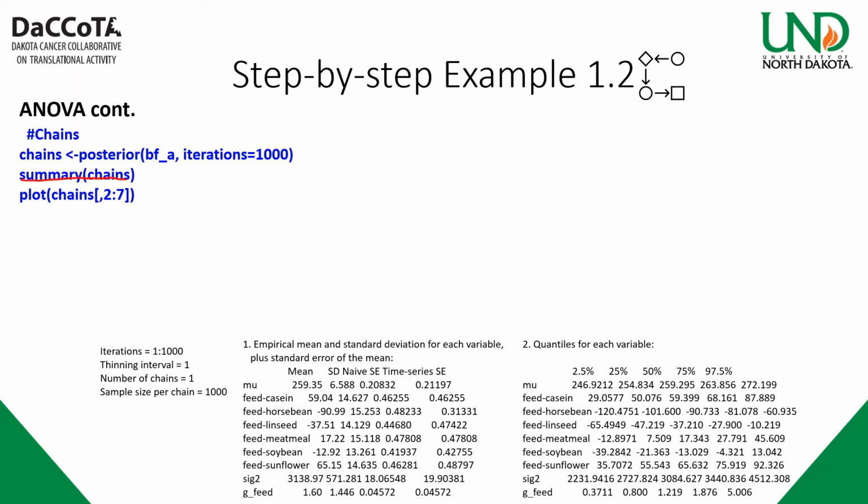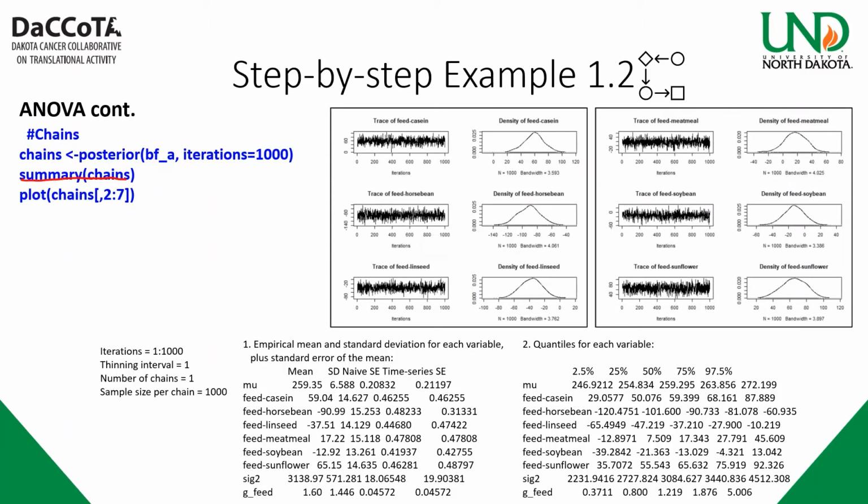This is plotting the chain. This gives you the overall mean, not looking at the different types of feed, and then these are all the means for the individual feeds. And this is sigma squared, so that's our standard deviation.